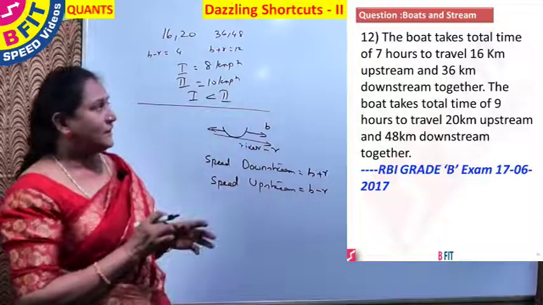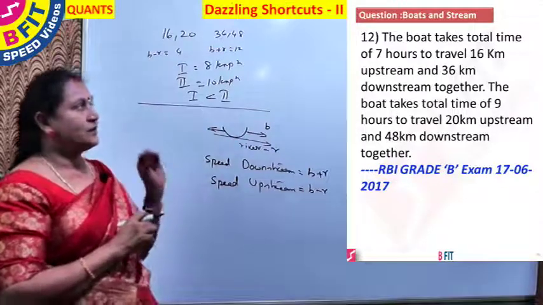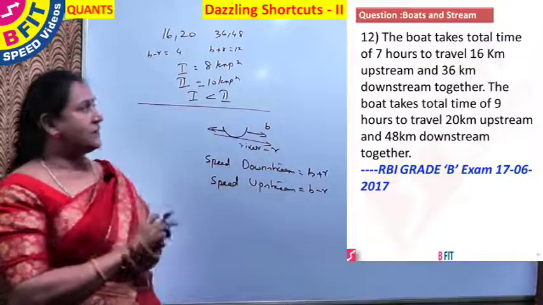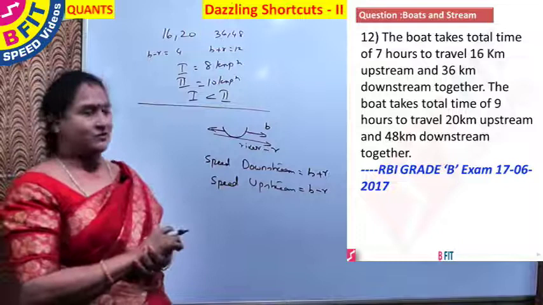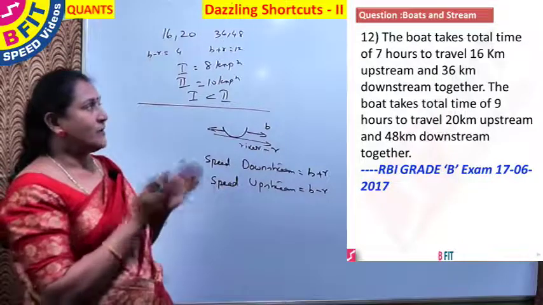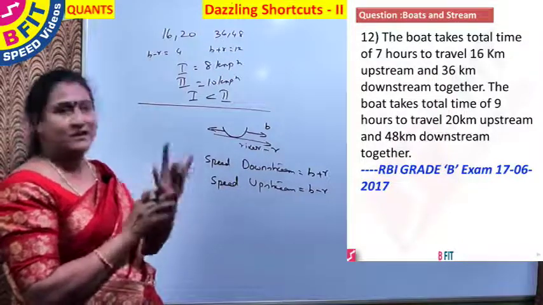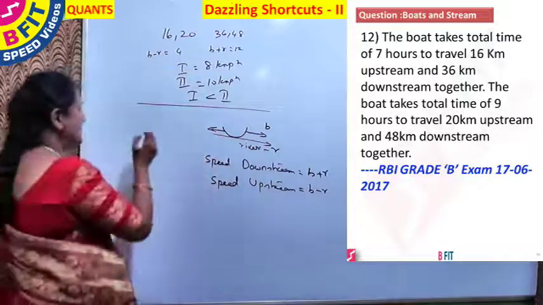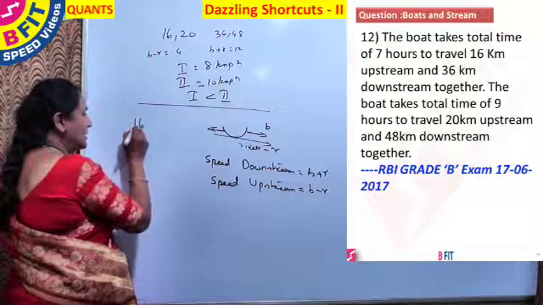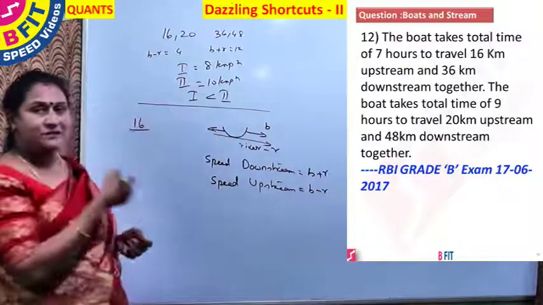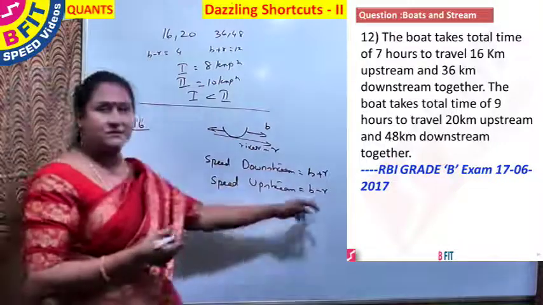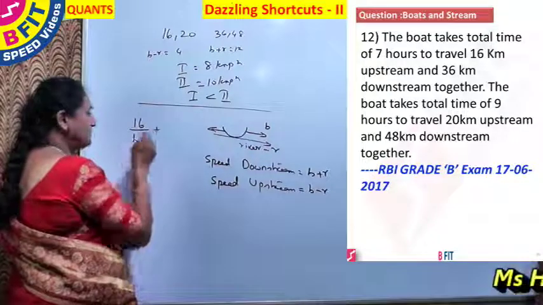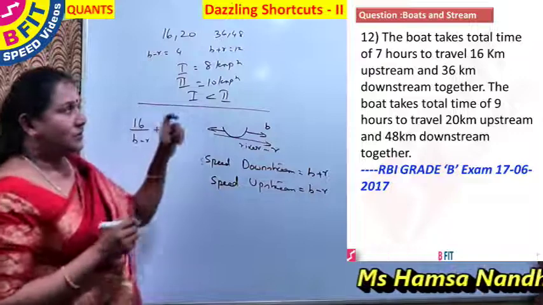Now with the data they have given, the boat takes 7 hours for 16 km upstream and 36 km downstream together. So what will be the upstream time? For 16 km upstream, distance by speed is time taken, and the upstream speed is b minus r. Plus, the total is 7 hours.